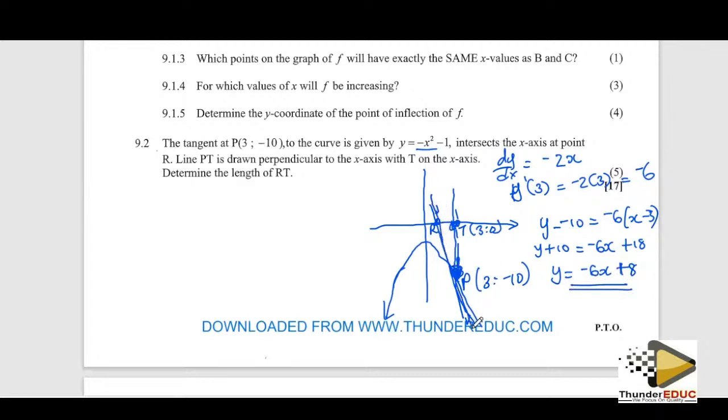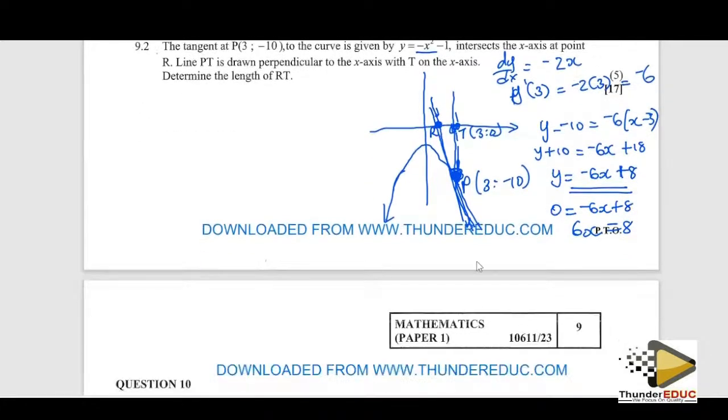Now, if that is the equation of the tangent, I need to find R, which is the x-intercept. So for x-intercept, y is 0. I'll replace y with 0: 0 equals -6x plus 8. I'll move the 6x that side, 6x is equal to 8, divide both sides by 6, which means my x is just going to be 4/3. So if that is 4/3, and then this is 3, they want us to get the distance.